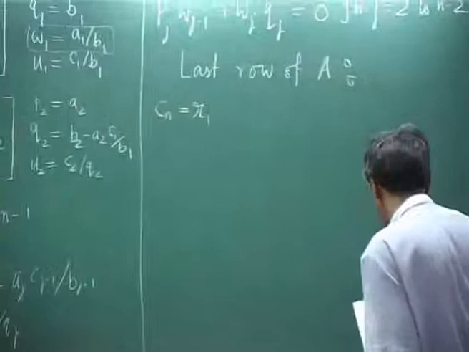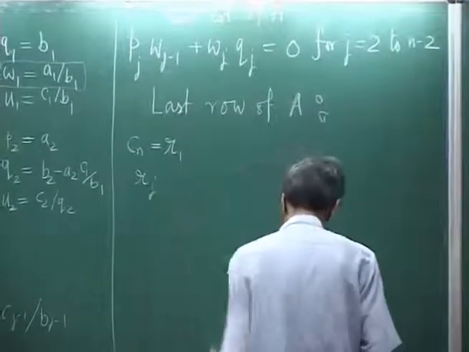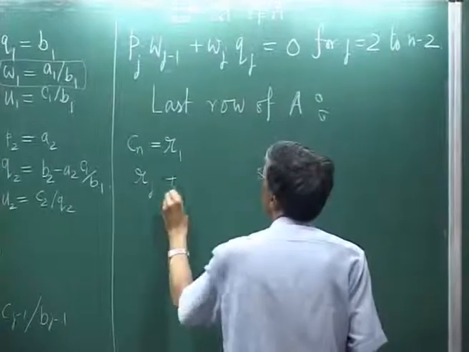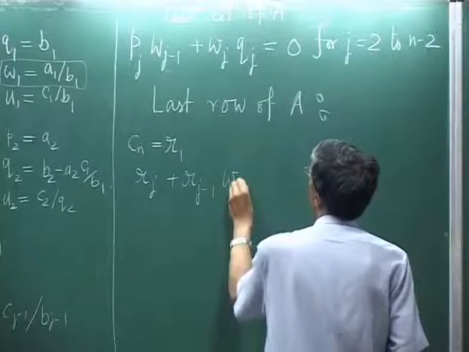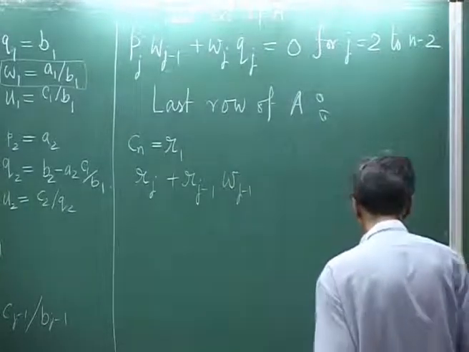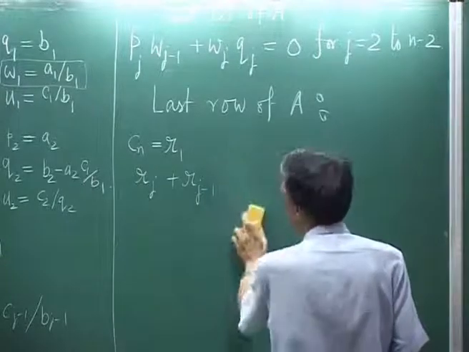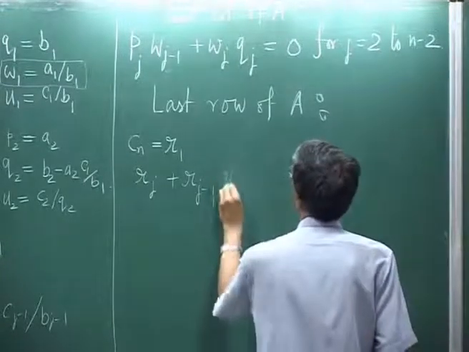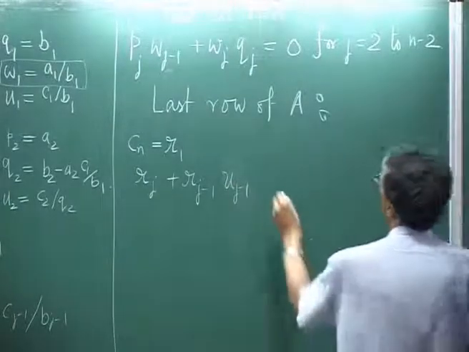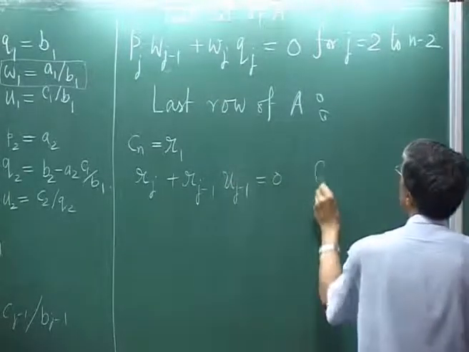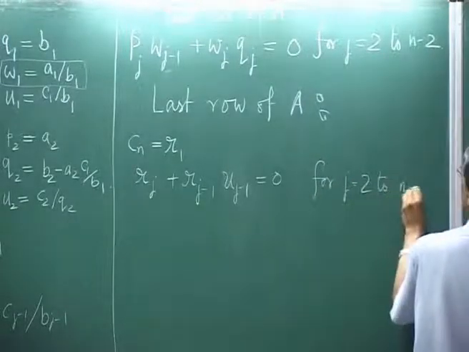So, if I look at it that way, I will see that R j plus R j minus 1, sorry, this will be U j minus 1, should be equal to 0, and this is true for j equal to 2 to n minus 2.